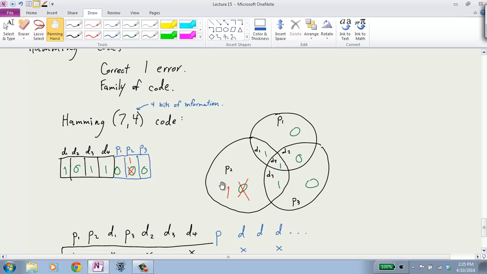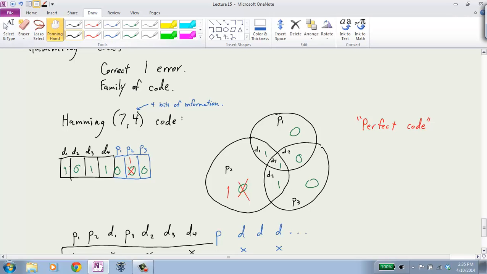Because the Hamming codes are one of the very few codes that are sometimes called perfect codes. Now, perfect code sounds really great, but it means one specific thing. It doesn't actually mean that we're going to want to use this code all the time. Perfect code means that it covers the space.